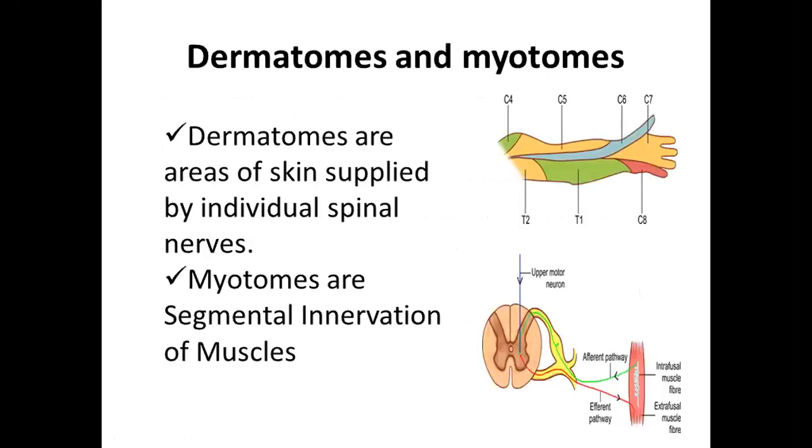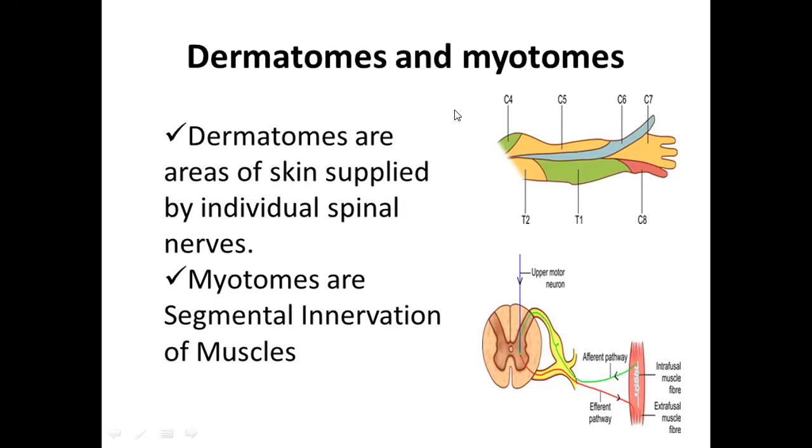Now this is the clinical application of the segmentation of the spinal cord. What is this? Dermatomes and myotomes. As we discussed before, the spinal cord is divided into segments. Each specific segment gives origin to a specific pair of spinal nerves.